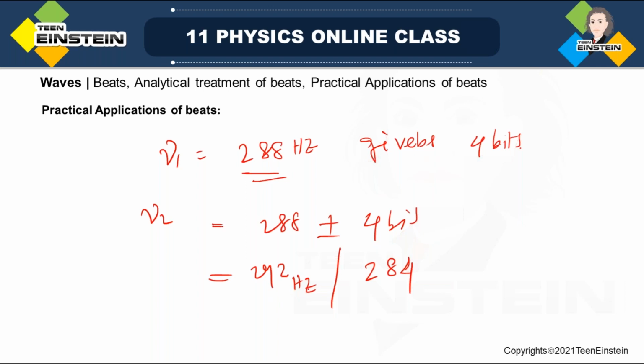So which one among these two frequencies will be the unknown frequency? Now the problem is, if the beat frequency increases, then it will be this one. If the beat frequency decreases, then this will be the second value.